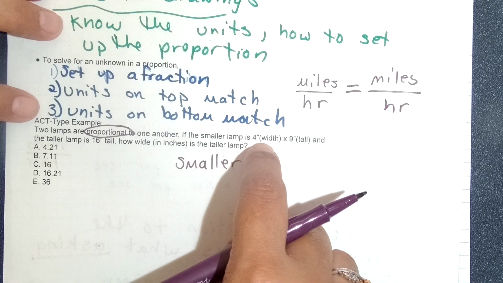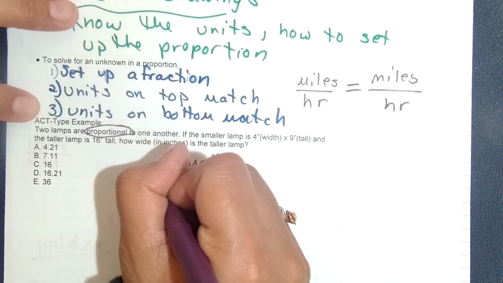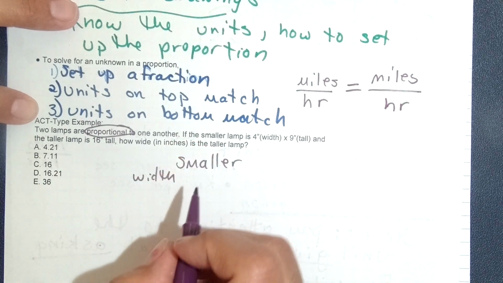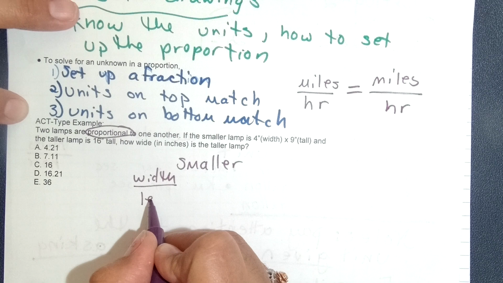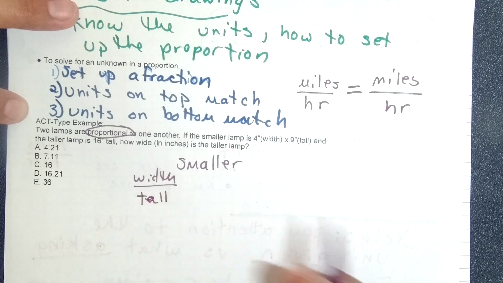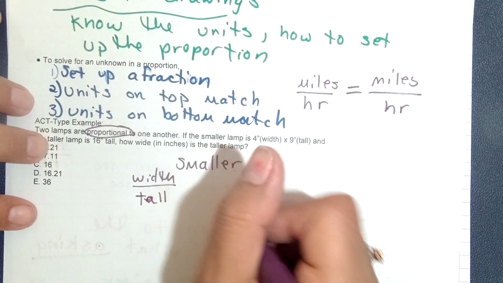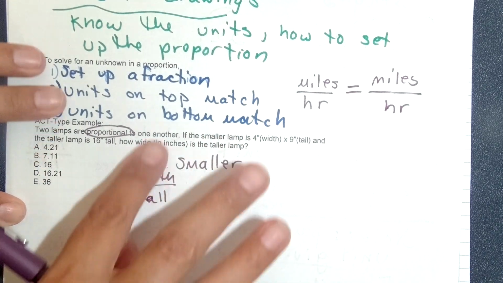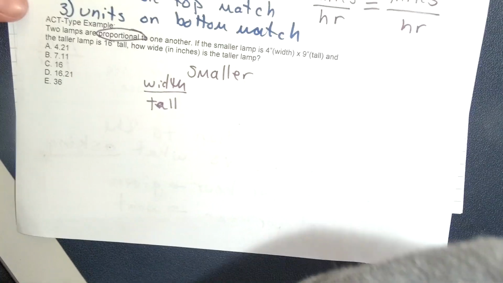The smaller lamp is 4 by 9. So I know that this is width, and I know this is height. You see on the side, I'm writing the ratio between the two.